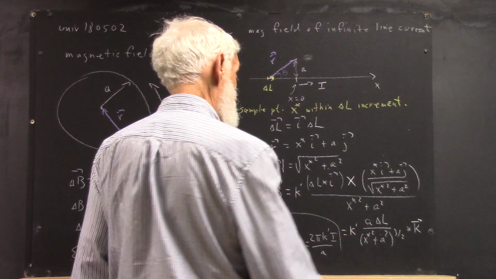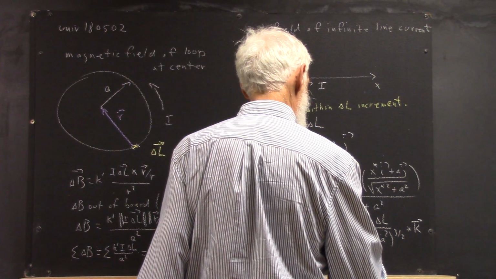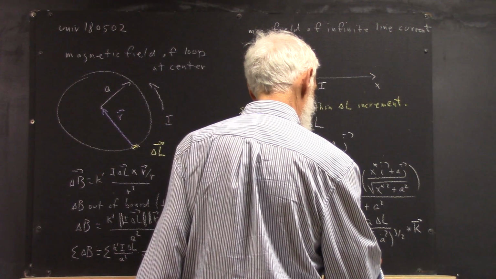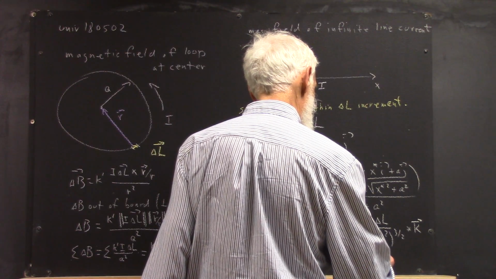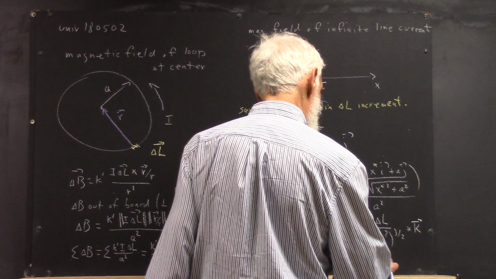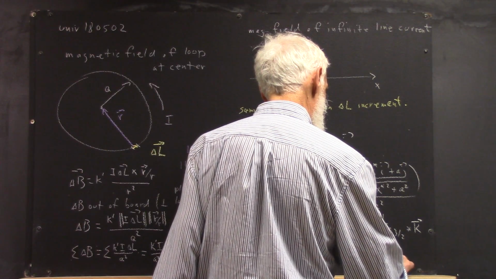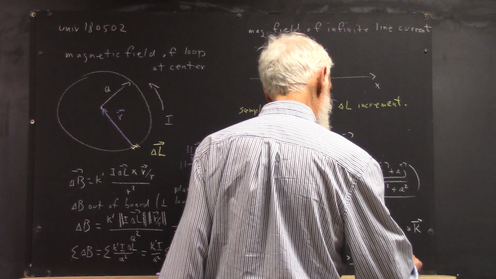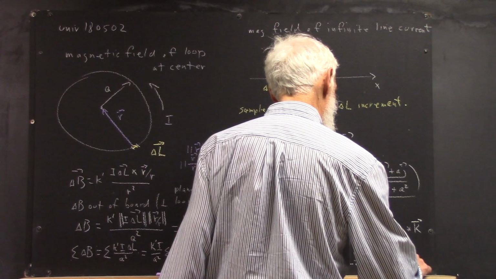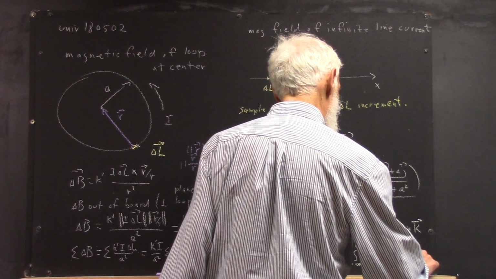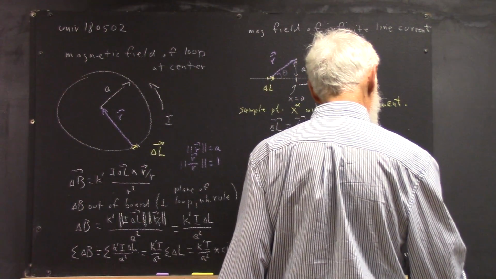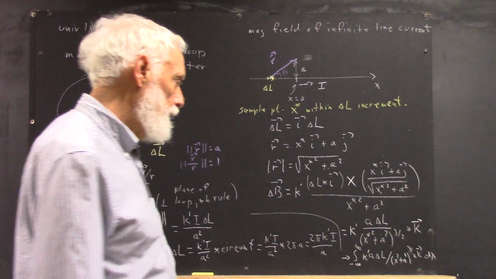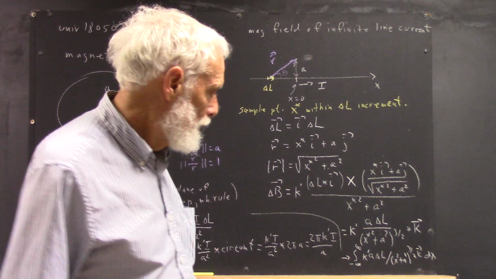So this is going to approach the integral from -infinity to infinity of K prime a delta L over x squared plus a squared to the 3/2 times the k vector with respect to x.